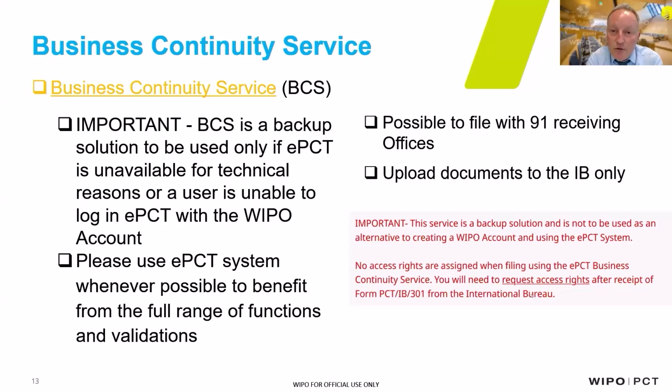So just to remind you again, the BCS should only be used in case ePCT is not available, or in case you have an issue with your WIPO account or with your strong authentication and you have a deadline to file your international application. Otherwise, always use ePCT.